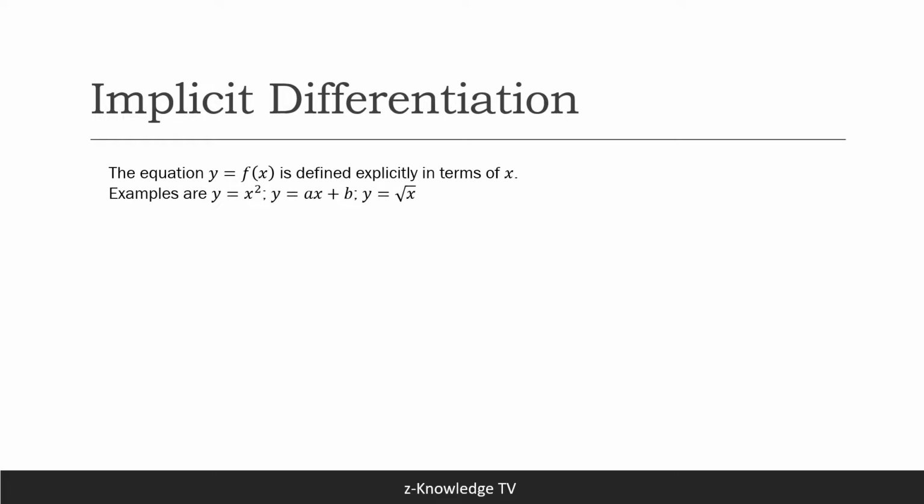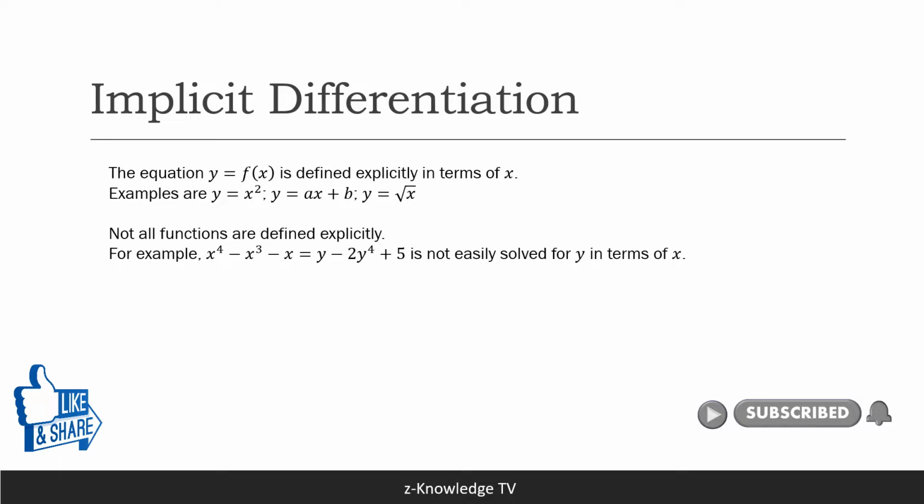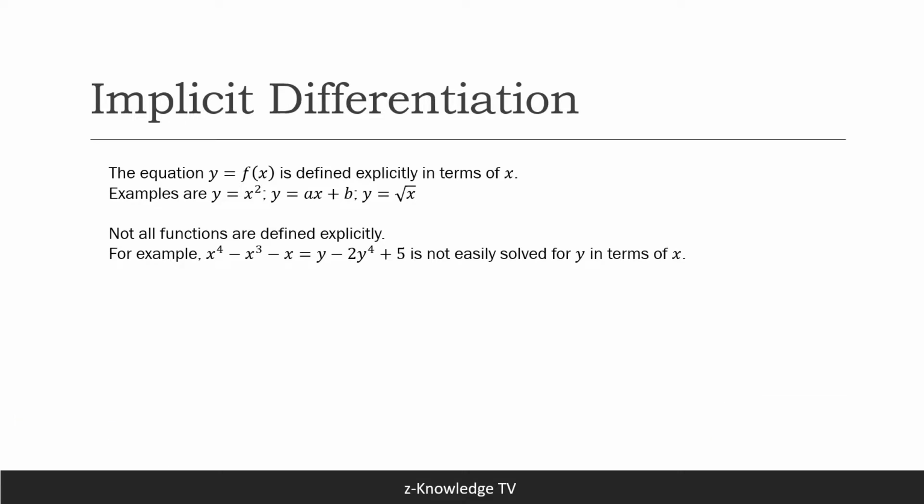So example niyan ay yung y is equal to x squared or y is equal to ax plus b or y is equal to square root of x. Okay? So, take note na hindi lahat ng functions ay defined explicitly. So, example dyan is yung x to the fourth minus x cubed minus x is equal to y minus 2y raised to 4 plus 5.